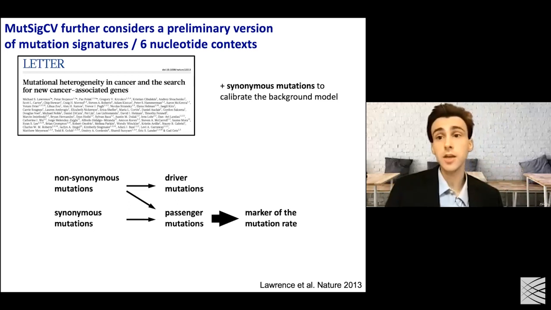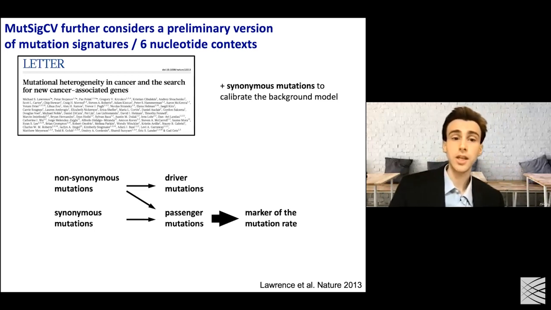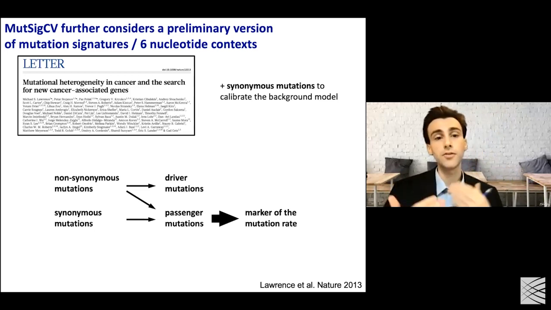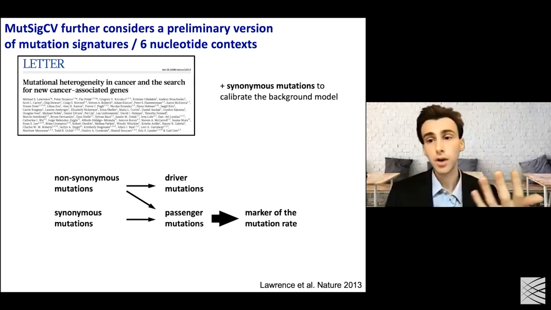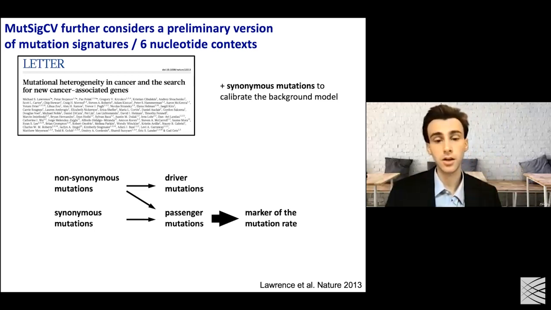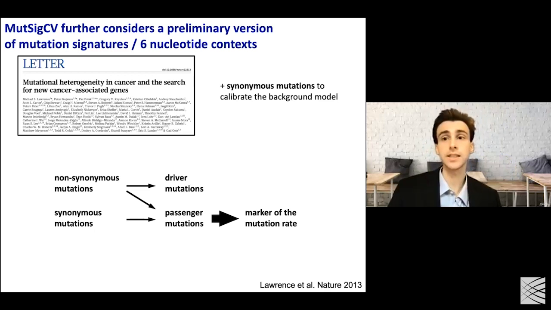Although they change the amino acid structure of a gene, most of the non-synonymous mutations will still be passenger mutations. So what you can now do is compare the number of non-synonymous mutations with the number of synonymous mutations to get another approximation of whether your mutational excess actually exceeds your expectation based on the background mutation rate.